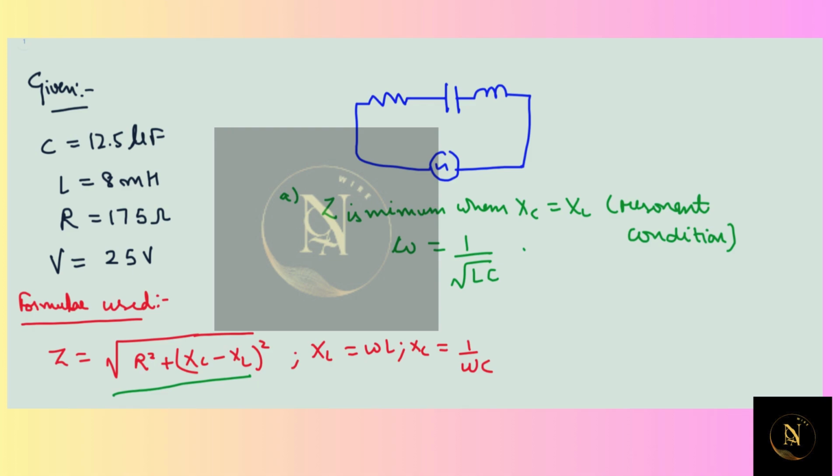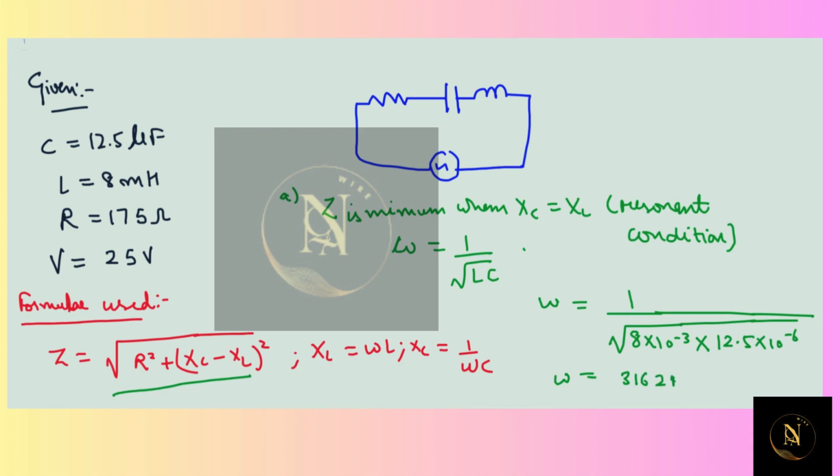So we have omega equals 1 over the square root of L, which is 8 into 10 raised to minus 3 Henry, using this value here, and C is 12.5 into 10 raised to minus 6. So this comes out to be 3162 radian per second.